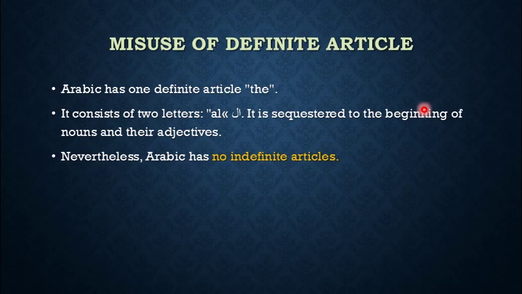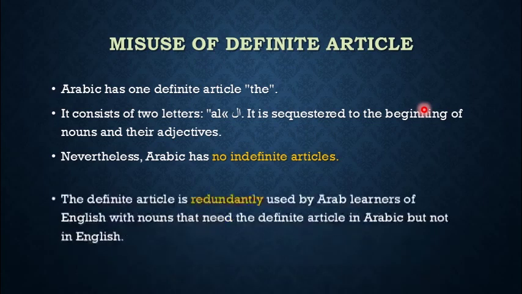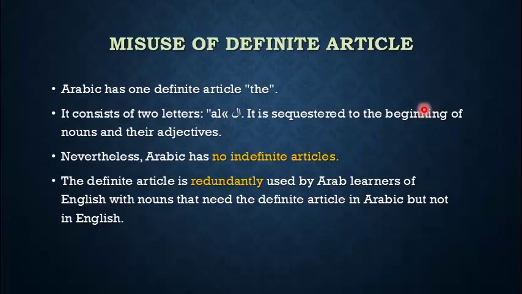The definite article is used redundantly by Arab learners of English. Redundantly used means that it is used frequently, all the time, without need, even if the word does not require an article before it, or maybe needs an indefinite article.